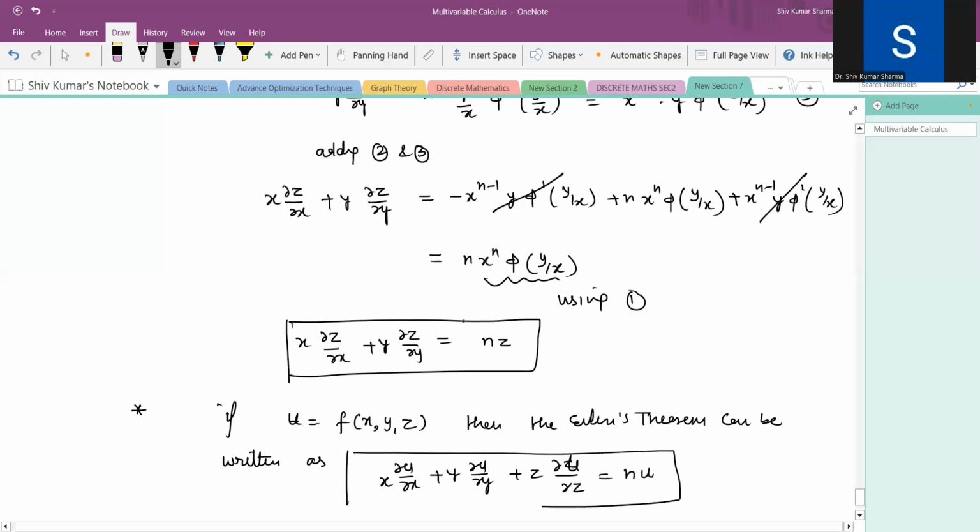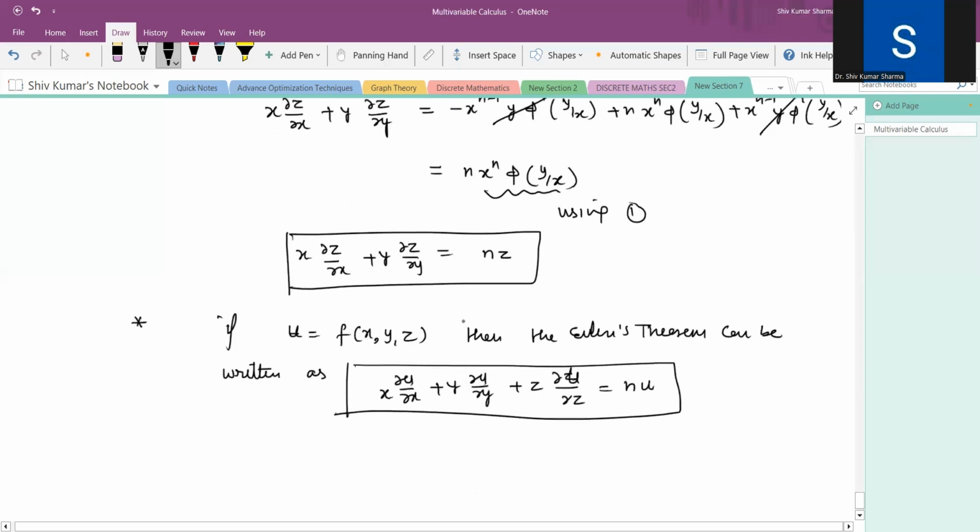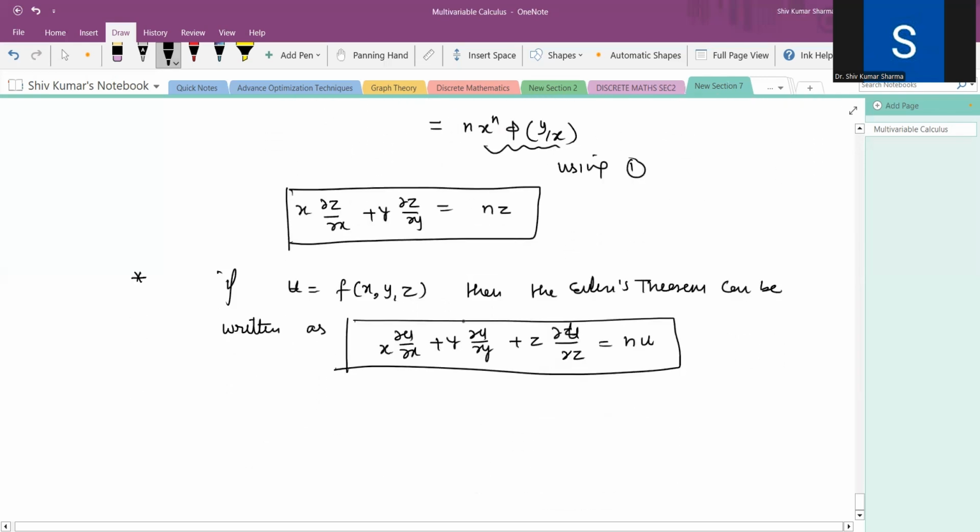This can be extended for three variables as well as for n variables.